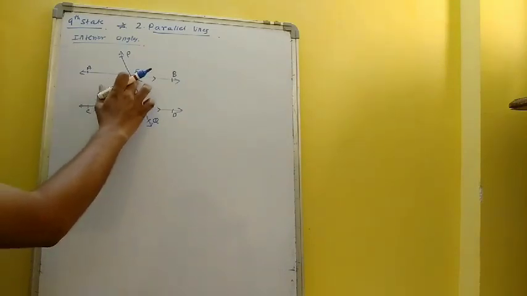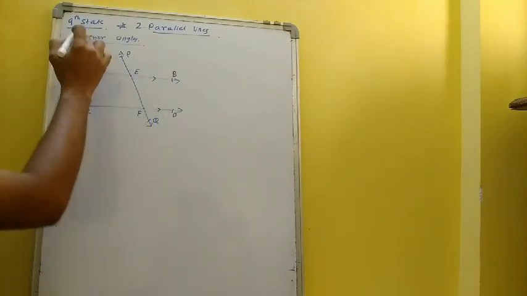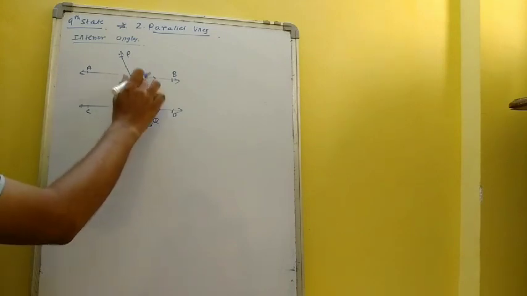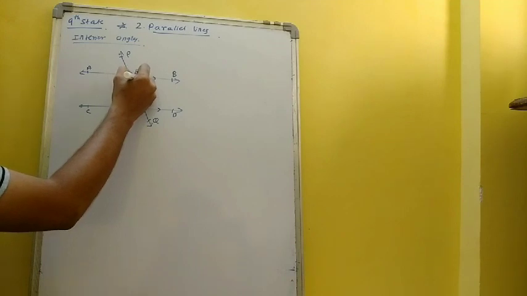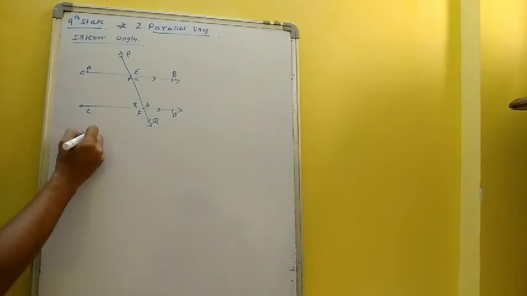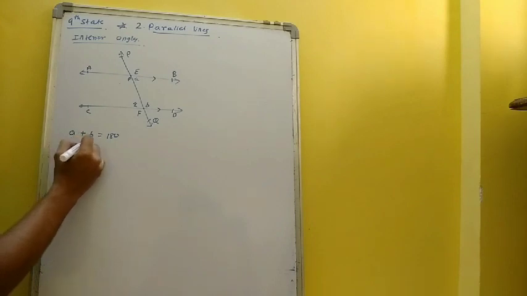I'll name these small letters a and b, p and q. Therefore, the sum of a plus b will be 180 and p plus q will also be 180.